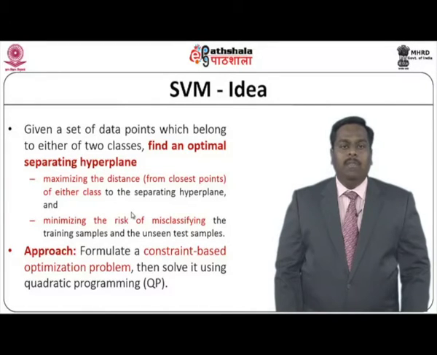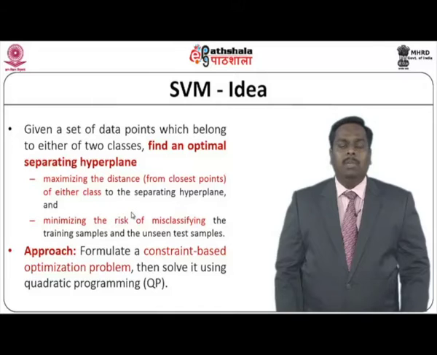And secondly, we need to minimize the risk of misclassifying, because in real scenarios when we are dealing with data, we may not end up with a clear cut classification. There are certain scenarios where some points may be misclassified. So, the second objective must be to minimize the risk of misclassification.